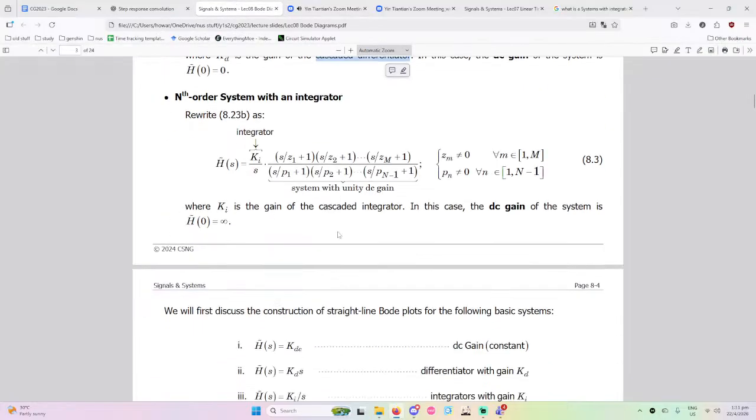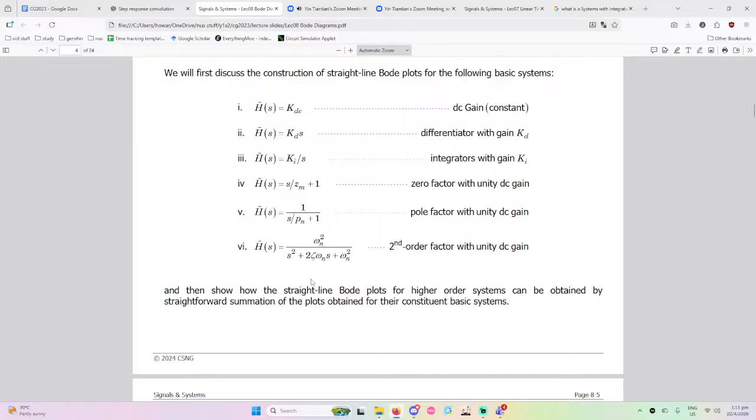First, let's look at the Bode plots for the DC gain. I'm going to show you all the derivations on the right-hand side.